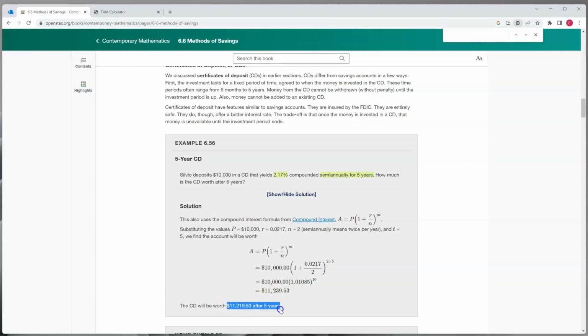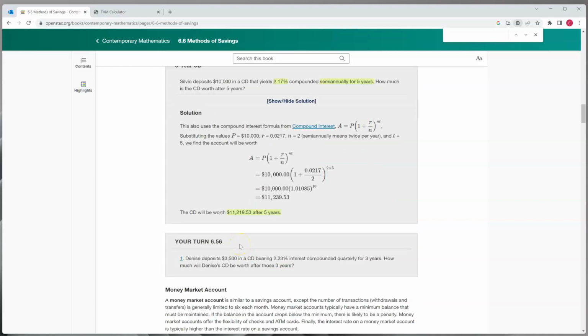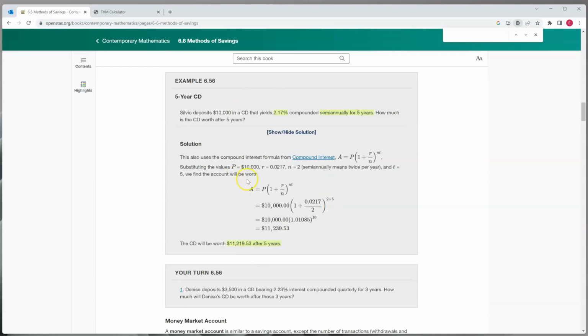If you do the formula, you get the same thing, but we see here that for 5 years worth of investment to get $1,000 or $1,200, it's not bad. It's not great. It depends on if you've got $10,000 that you can just watch go and then let it sit. So that's kind of the idea of a CD.